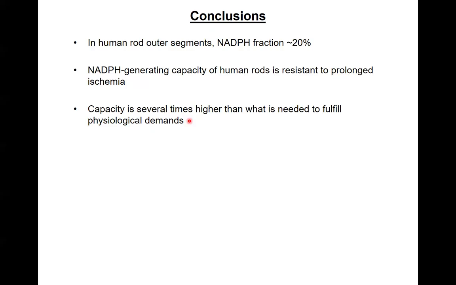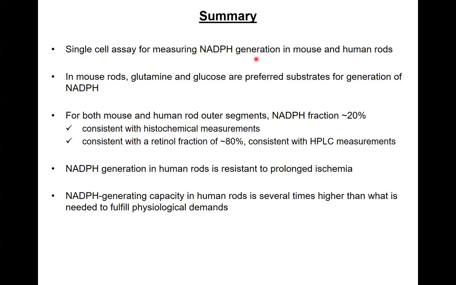And just to put things together, what I have been telling you about is a single cell assay for measuring NADPH generation in mouse and human rods. For mouse rods, glutamine and glucose are the preferred substrates. We have not been able to do the experiment in human, and we can discuss why.